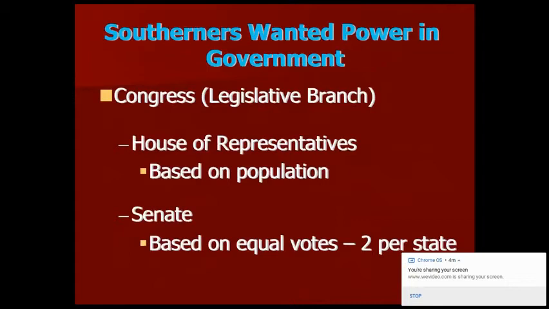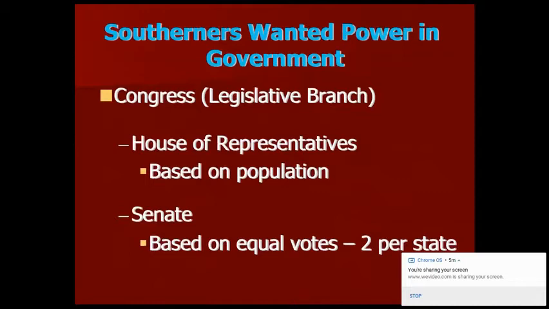So if you go back and think about Congress as having the 2 houses, so if you remember, the House of Representatives was the one that was based on population. So the states with a larger population would have more representation. And in the Senate, it was based on equality, so every state had 2 votes.